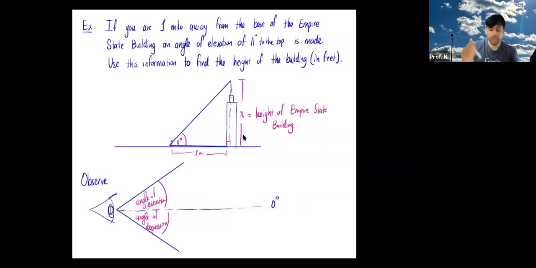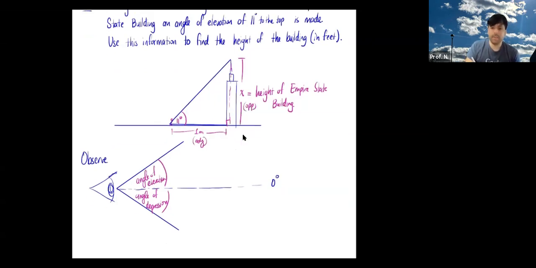But when we look up, we have an angle made between that straight level and the top, which is 11 degrees. And once we have this, we have a typical right triangle whose angle is 11 degrees, whose adjacent side is 1 mile, and whose opposite side is the height of the building.